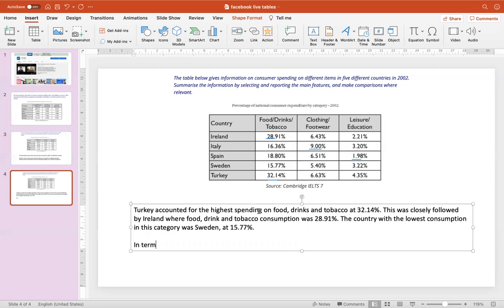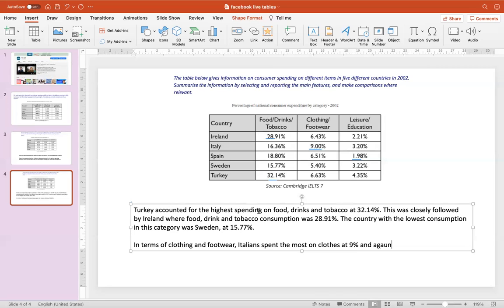In terms of clothing and footwear, Italians spent the most on clothes at 9%. And who is the lowest? Sweden again. Oh dear.